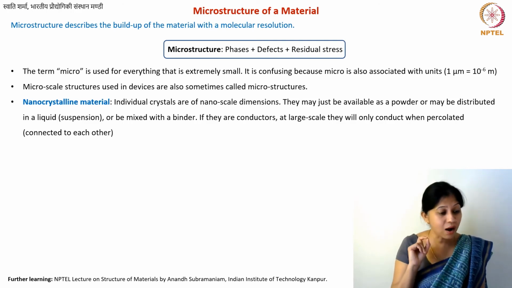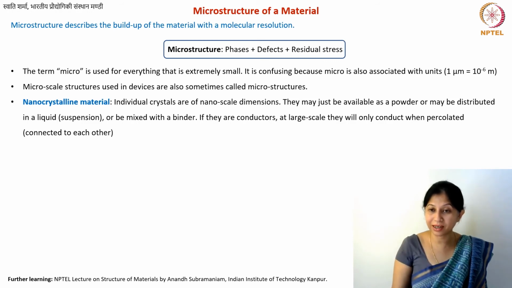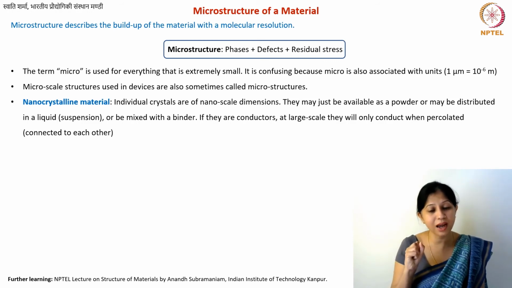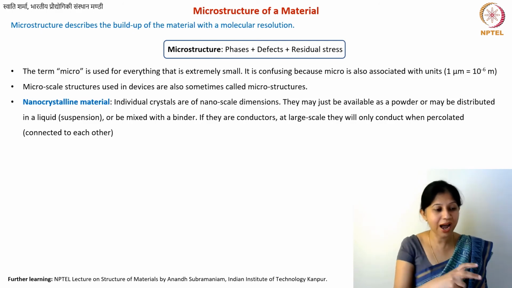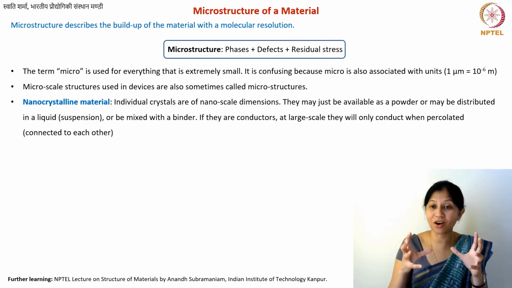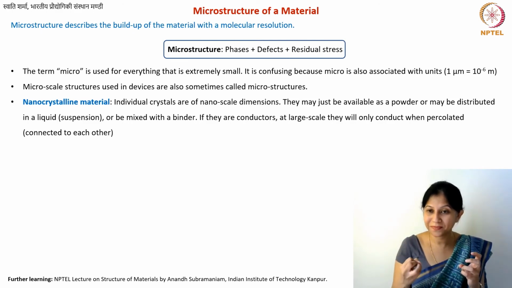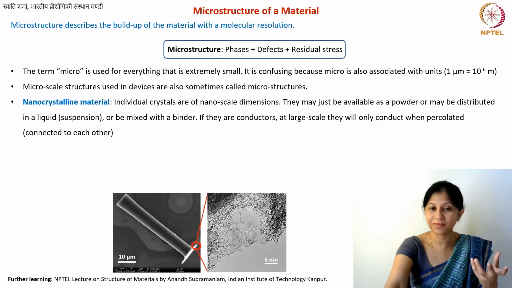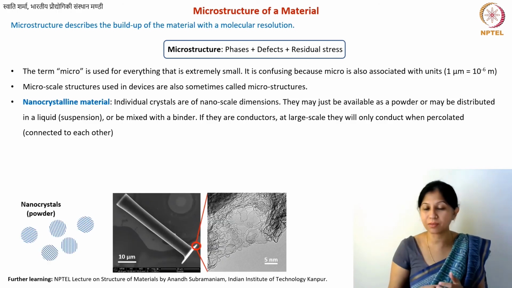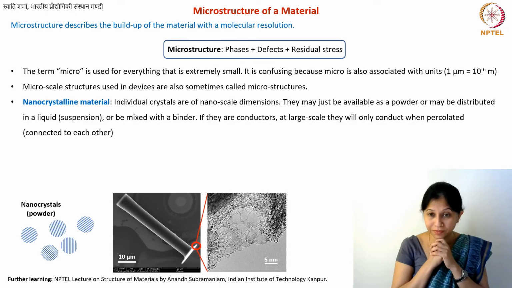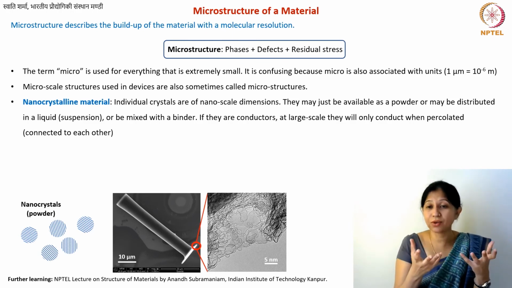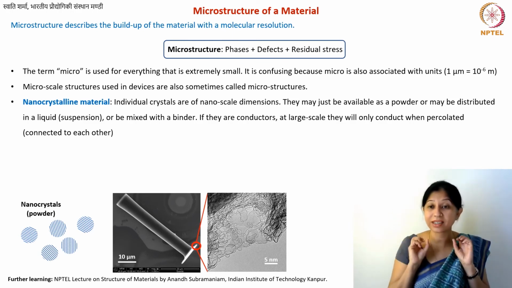When we talk about nanocrystals, the materials that are crystalline at the nanoscale, they are pretty much like what you had in the disordered carbon material that I showed, except that they are not inside an amorphous matrix. They are just present. So this image, nanocrystal powder, is where you see these nanoscale crystal structures.